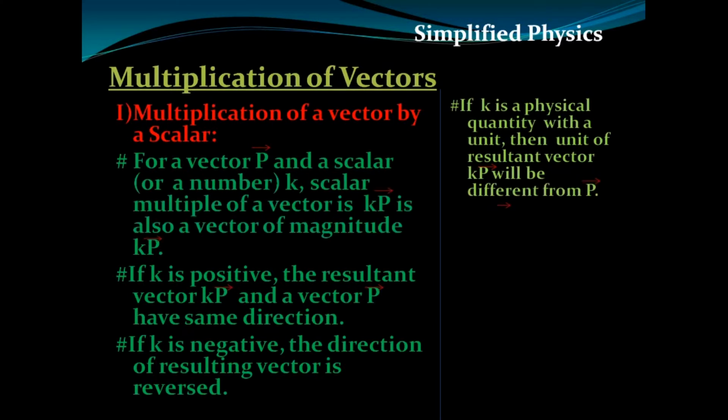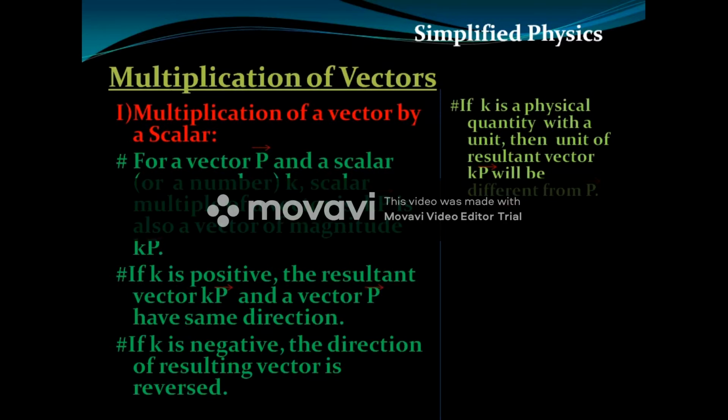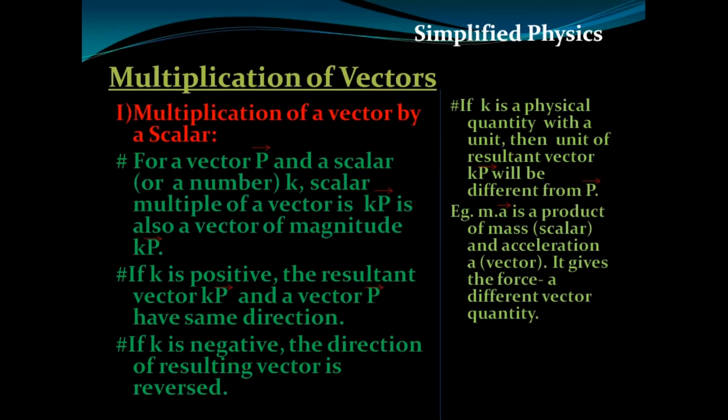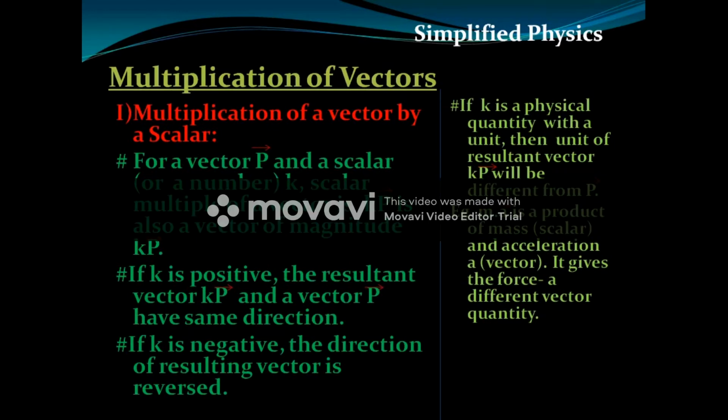Suppose k is a physical quantity which has a unit. That means the unit of the resultant vector k p vector will be different from the p vector. Is it clear? Let us take an example, m times a vector, a scalar multiple. m is a scalar quantity, a is an acceleration vector quantity, and m a is a product of mass and acceleration.